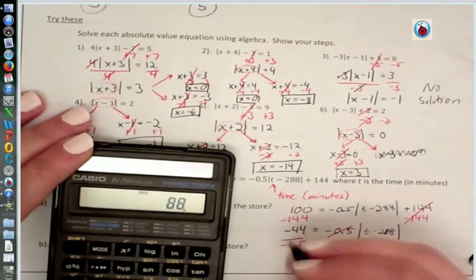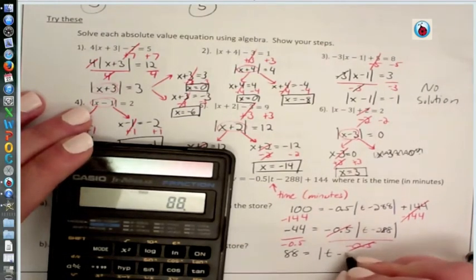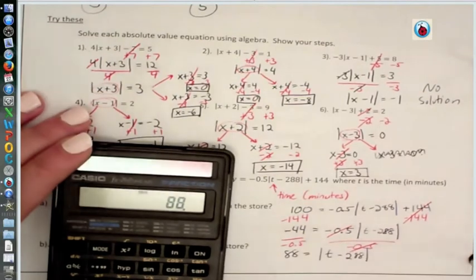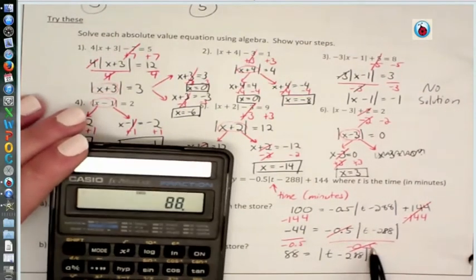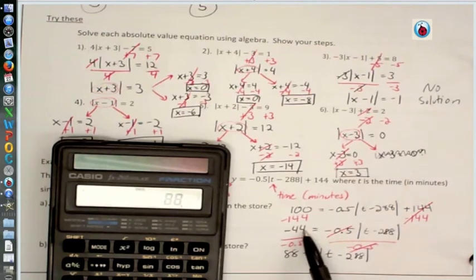So I get 88 equals absolute value of t minus 288. By the way, dividing by 0.5, remember 0.5 is the same as 1/2. So if you're better at fractions than decimals, you might want to change that to 1/2 and then just multiply both sides by negative 2. Notice negative 44 times negative 2 would be positive 88. It's the same thing.